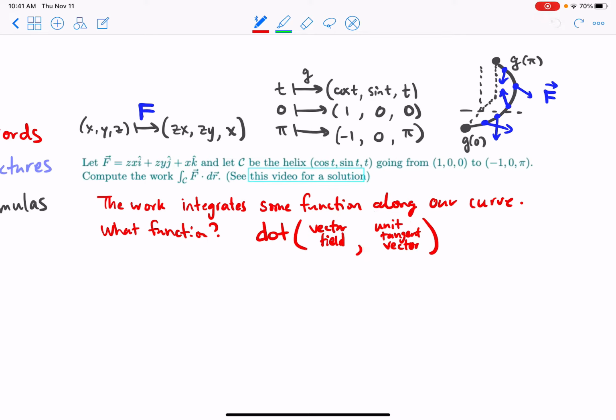It will be positive or negative, or if the vector field is at 90 degrees to the tangent vector, then it'll be 0. And so this is the function on the curve, but we'll write it out in more detail.